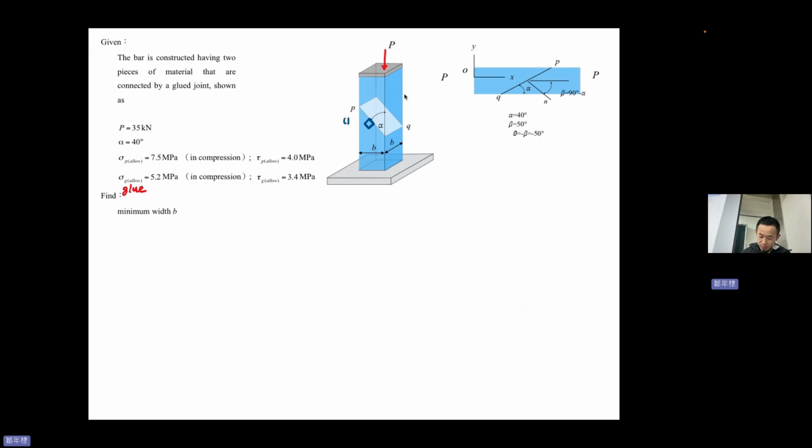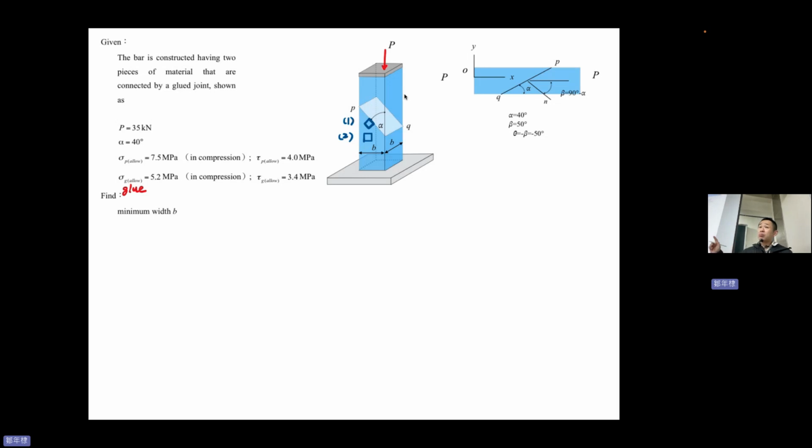The second is the force; we also need to check if the material itself will break or not. Because the glue joint has been set at 40 degrees, it is fixed. But for the material, you need to examine all directions.